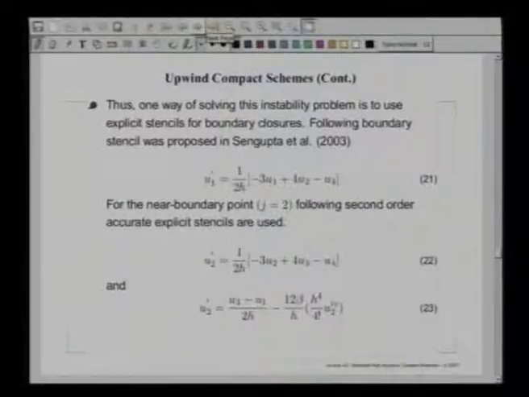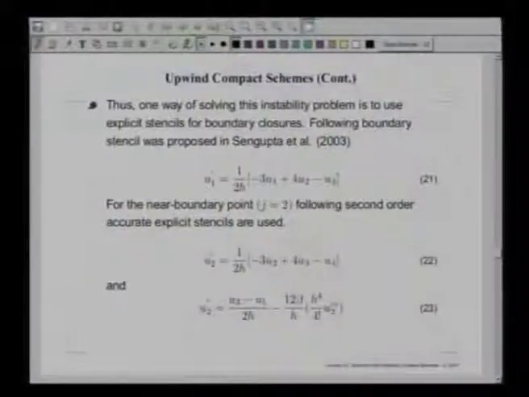So, having identified that most of the source of the problem appears near the boundary, and those are due to the boundary closure, we decided to propose some explicit scheme at the boundary, and this is what you are seeing here.